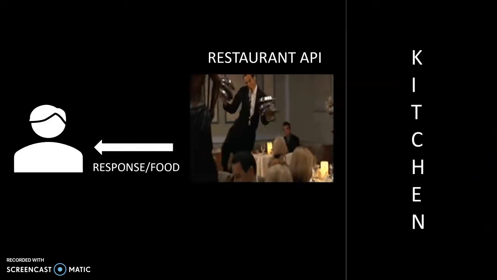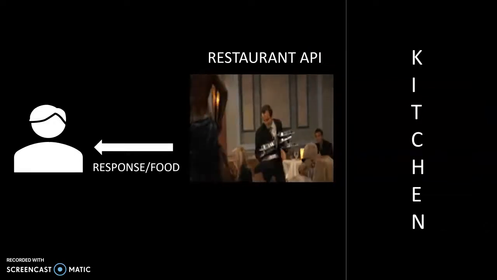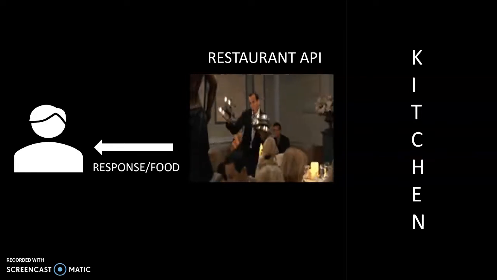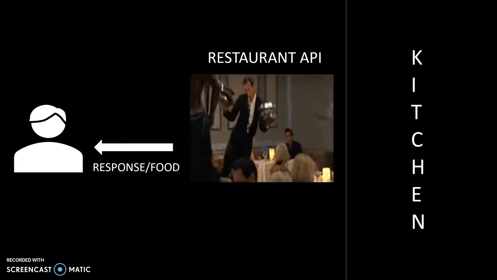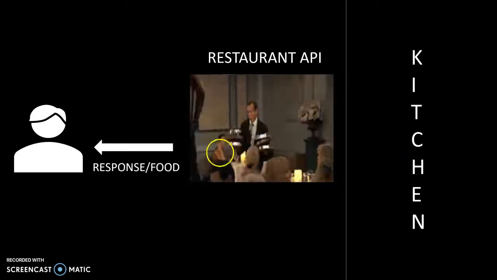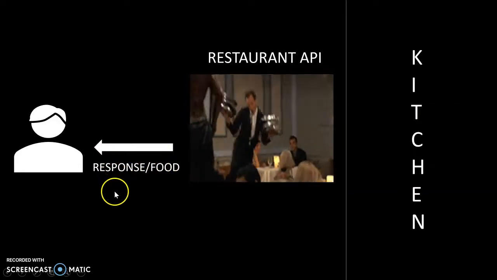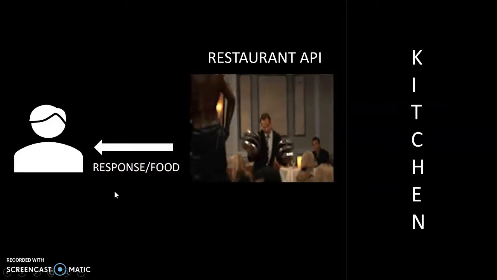So in this way, the waiter can be seen as the API of the restaurant that will take our request or order, tell the system or kitchen what to do, and deliver the response back to us, which is food in this example.